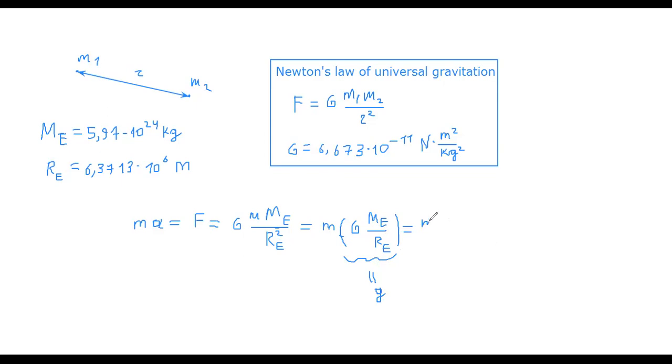So we have mg, where g is acceleration of free falling body. Acceleration of free falling.